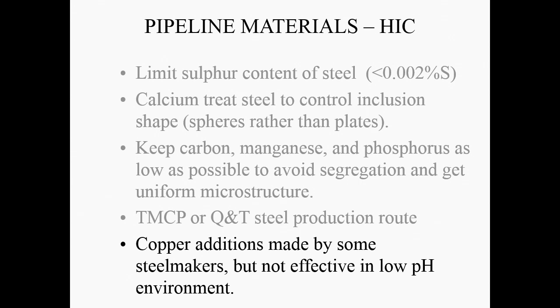But for long pipelines running across Canada, where you might have some atmospheric protection problems, where the paint systems can't stand the temperature cycling, then you might consider these sorts of steel. It's a question that you have to ask yourself as to what you need for the pipeline that you're designing.